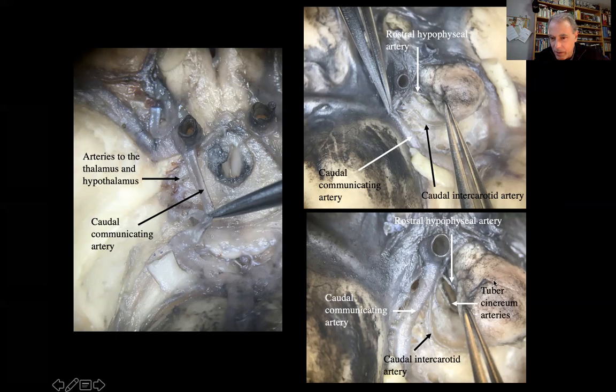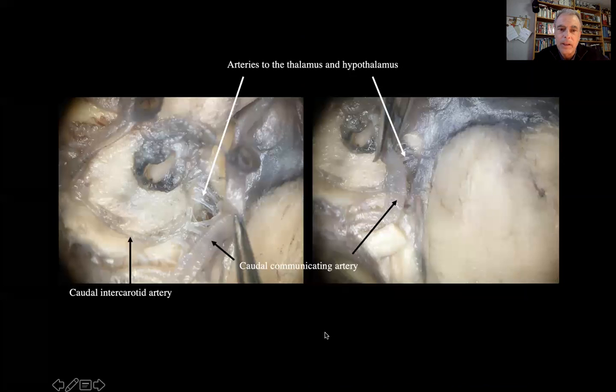The hypophysis is moved, and as you see, this is the rostral hypophyseal artery, which goes to vascularize the hypophysis. So remember that we have a caudal intercarotid artery and a rostral intercarotid artery, and from there are going to be hypophyseal arteries that vascularize the hypophysis.